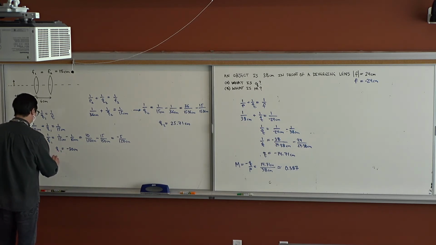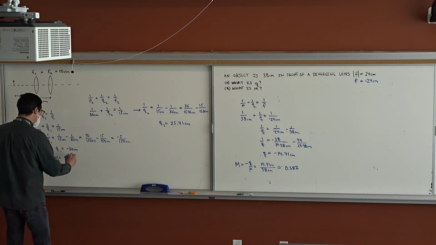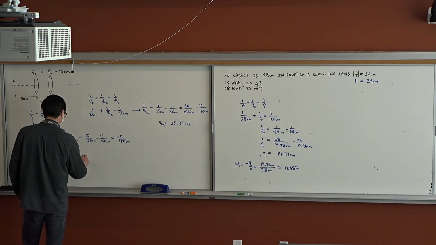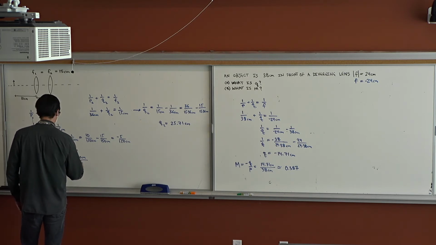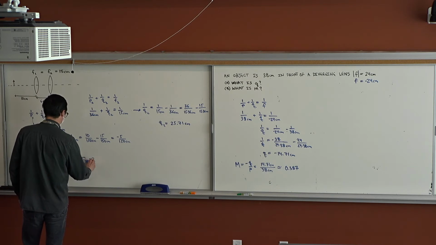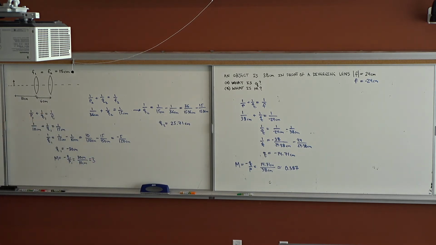So magnification of the first image is minus Q1 over P1, which is going to be 30 centimeters over 10 centimeters, is 3. Call that M1.